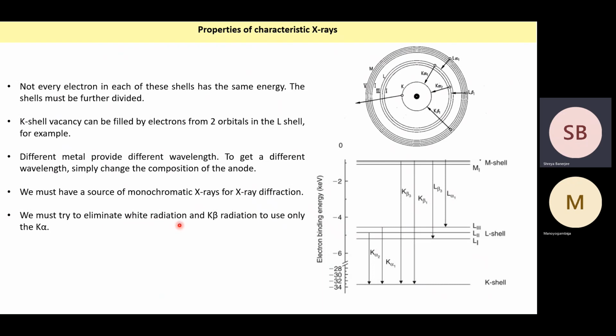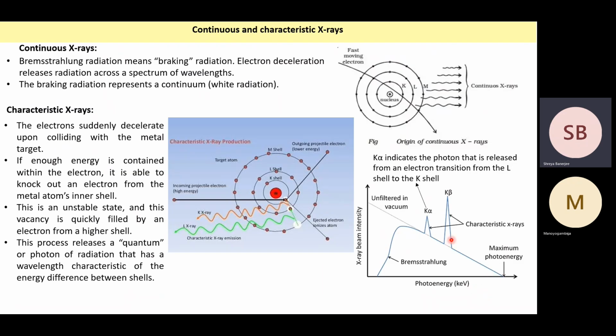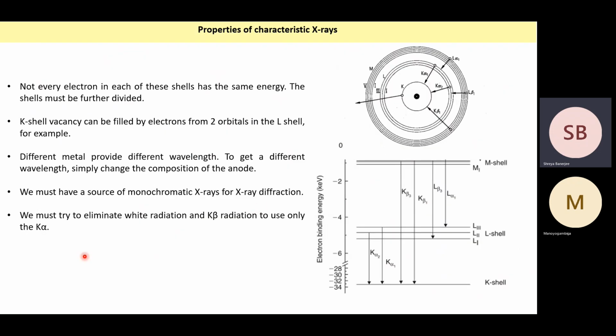White radiation is not of much use because, as you saw in the previous slide, it is made up of many different wavelengths, but you want only one specific wavelength. And generally K beta is also eliminated, and K alpha is the most important wavelength of the characteristic X-ray that is used in X-ray crystallographic studies.